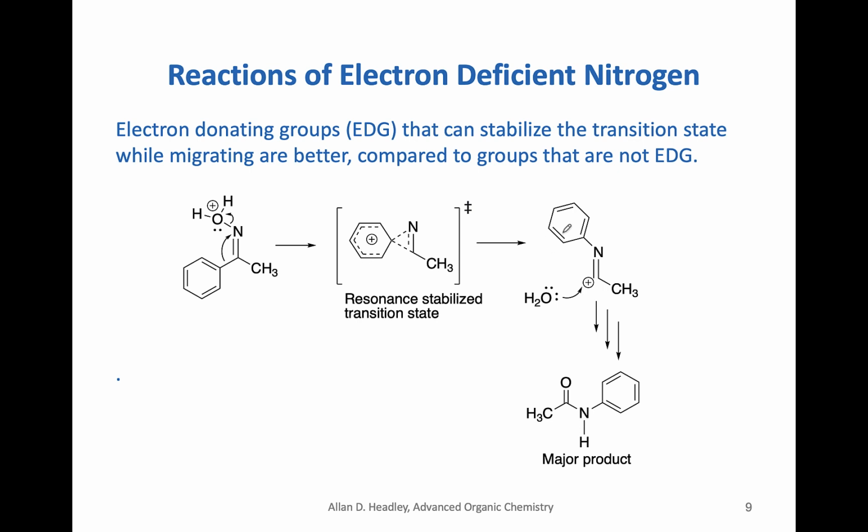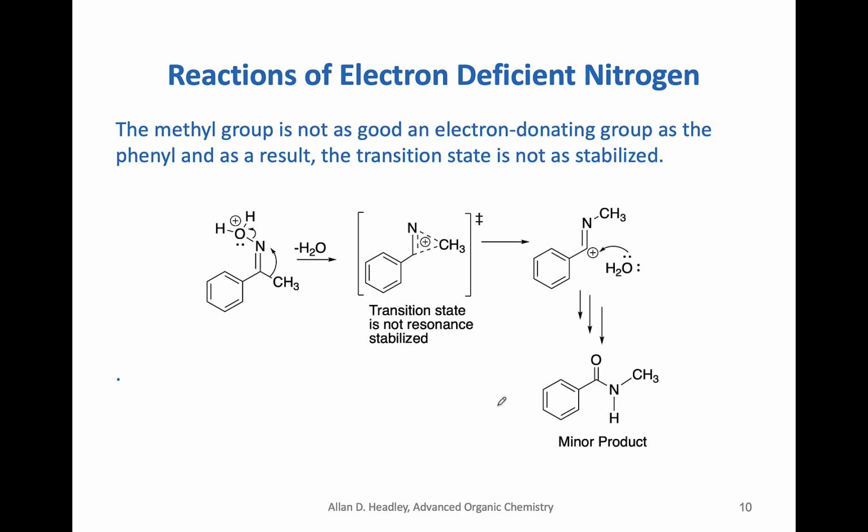Then of course the reaction goes on. Fast steps here, this would be the determining step. So the fast step goes on to give the major product because it's stable. Well, let's see why it's more stable than the other one. The other one here involves the methyl group migrating to give this transition state.